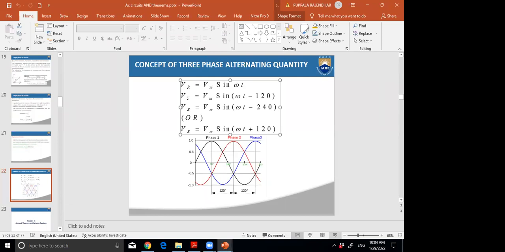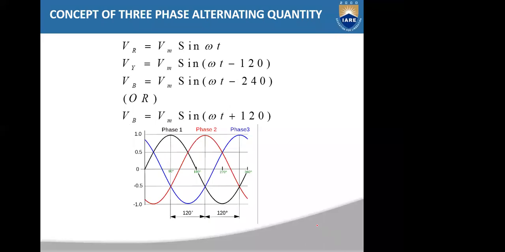Vm sin omega t. In the Y phase, the magnitude will be the same, but the angle is displaced by 120 degrees. And in the B phase, it's displaced by 240. Let us suppose this is phase 1, that is the R phase, and the Y phase, and the B phase.